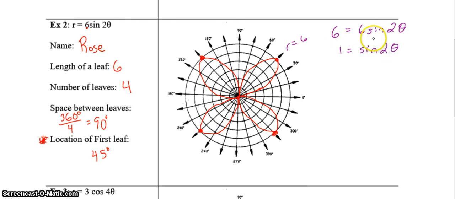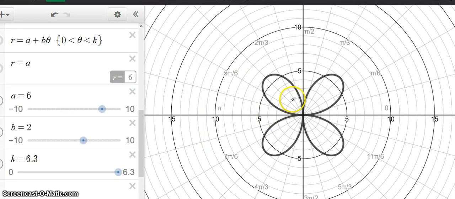I like to shortcut that step because I know the radius equals this each time. Really, what we're looking for is, when is the first time that trig value is equal to 1? So the sine of what angle is 1? Well, that angle then has to be 90, making theta 45. And that's where it was.